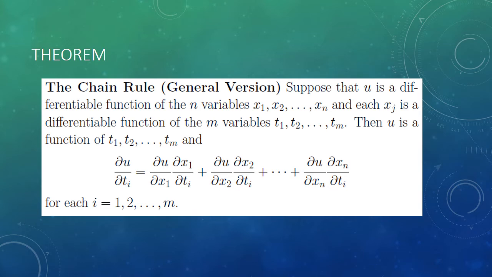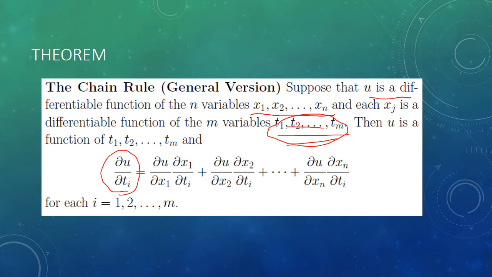All right, so this leads us to a general version of the chain rule, which is: if u is a function of a bunch of variables, x1 to xn, and each one of those is a function of m variables, t1 to tm, then u ends up being a function of the t's, and you can take the partials of each individual piece.